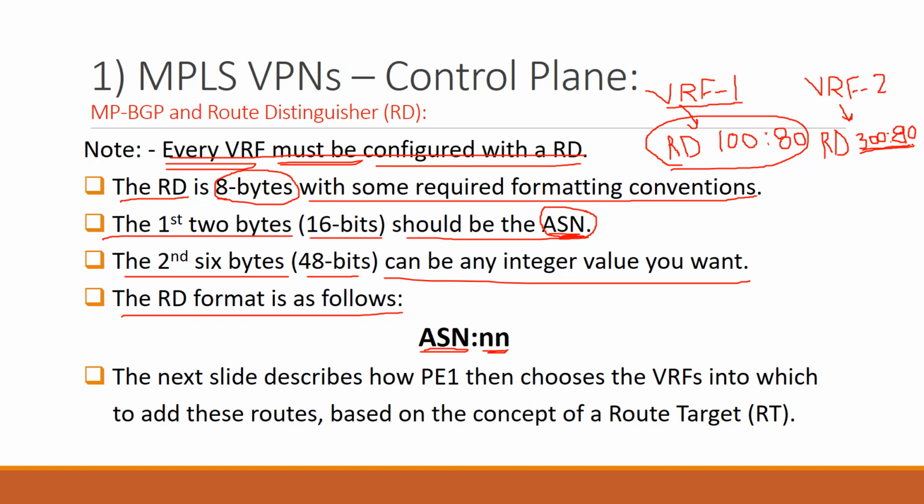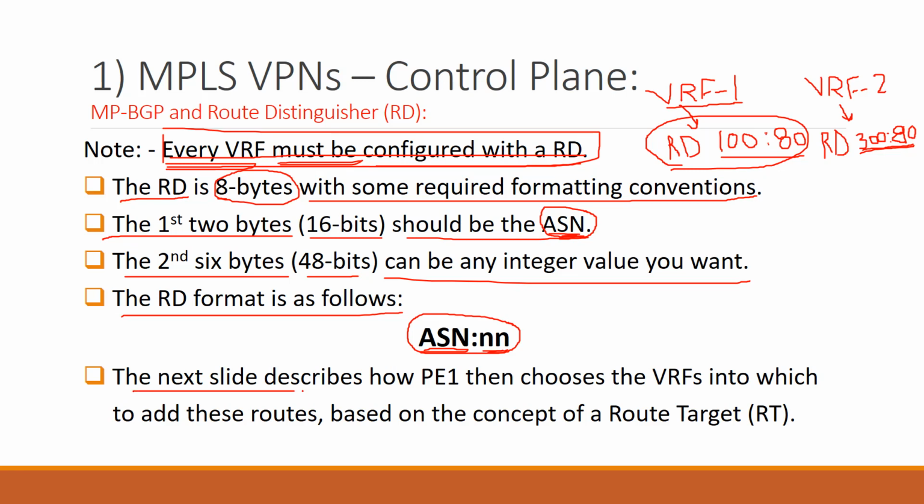This is 300:80, and this is 100:80. Still unique numbers. So all you should know in this discussion is that every VRF must be configured with a route distinguisher, and this is what the route distinguisher format looks like.